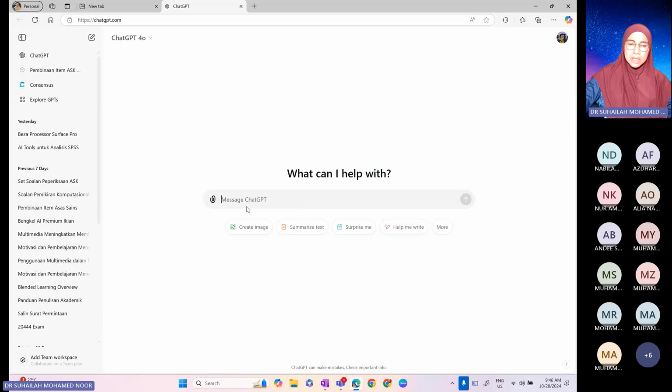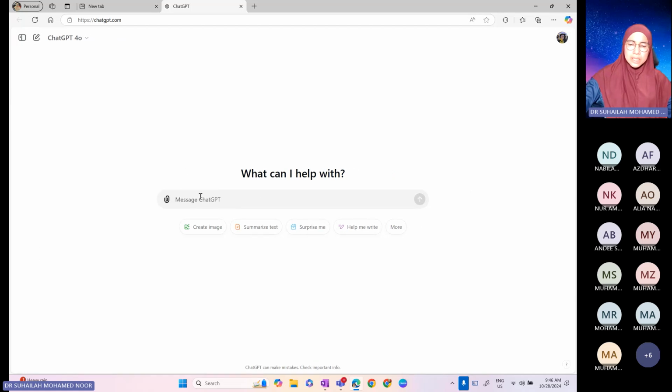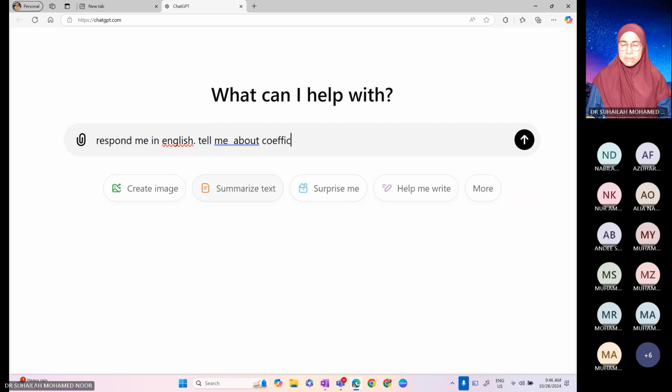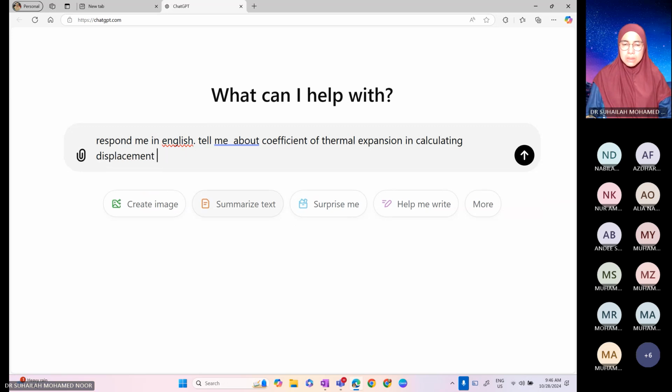Okey, Doktor. Okay, kita sebelum kita end session, kita tengok jap about coefficient of thermal expansion in calculating displacement of structure.